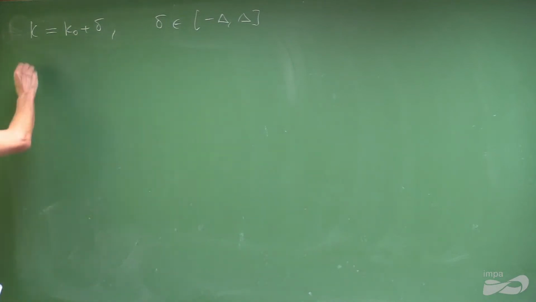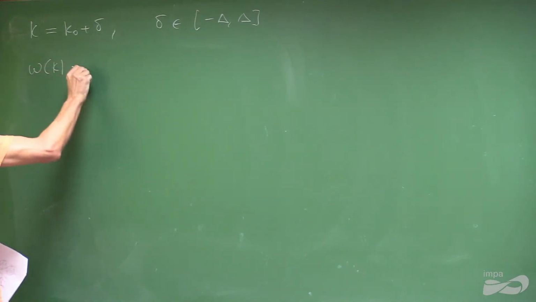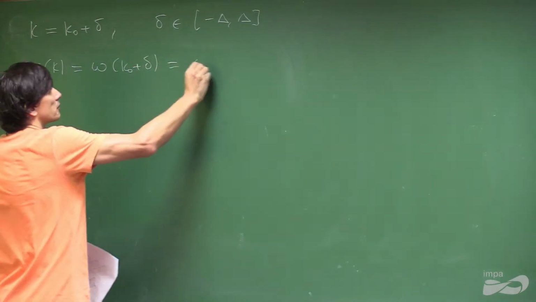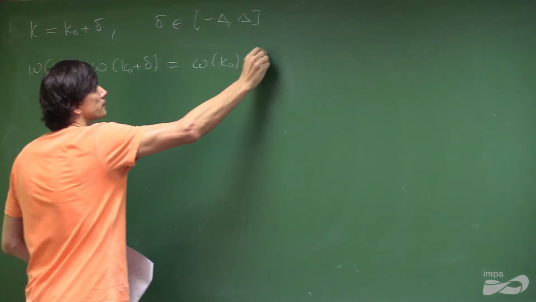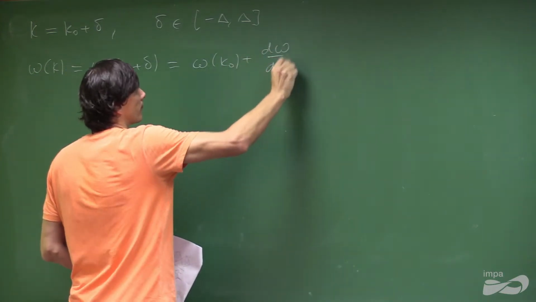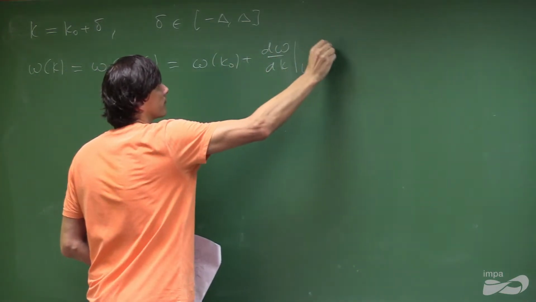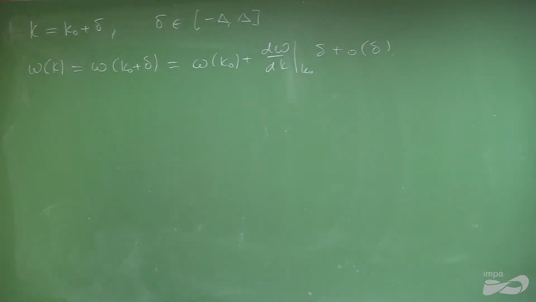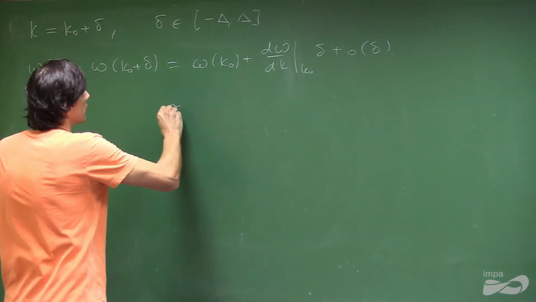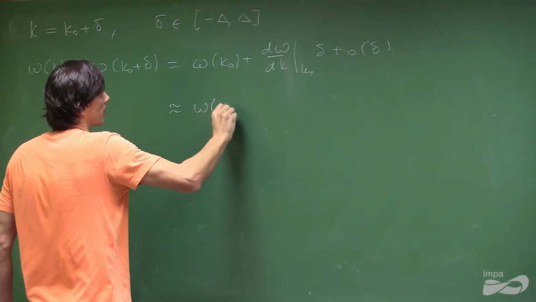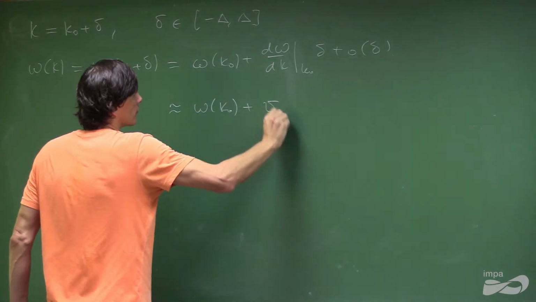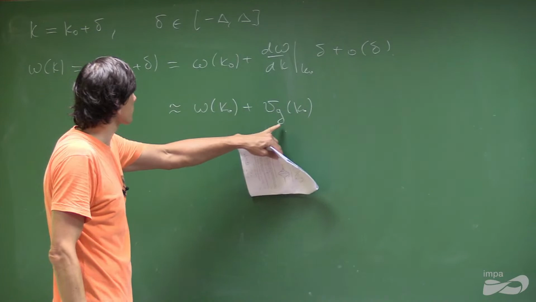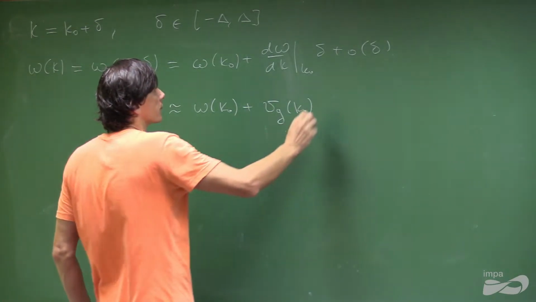Then we can compute omega of that k, which is omega at k0 plus delta, and this can be expanded in a Taylor series. This is approximately omega at k0 plus the group speed at k0.